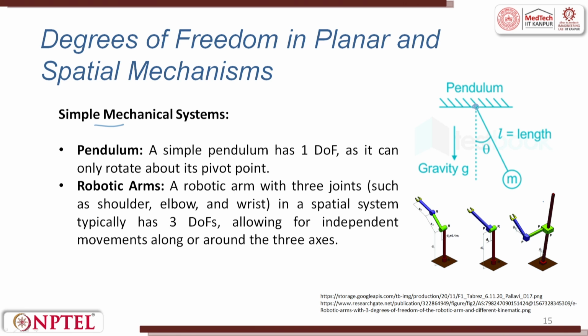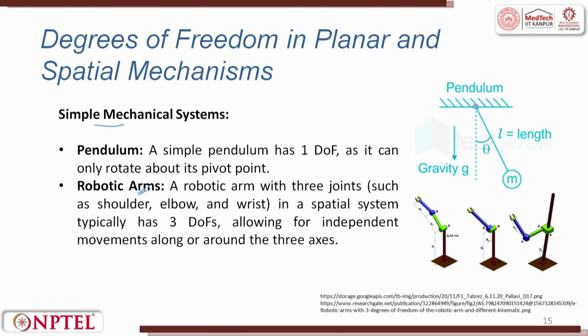A pendulum has only 1 degree of freedom, and all these things are very much used in real time applications when we talk about a robotic arm. A robotic arm is a 3-joint spatial system, typically having 3 degrees of freedom, allowing for independent movement along and around the axis. For example, this fellow can rotate, this fellow can reciprocate, and this fellow can rotate, and this fellow can reciprocate.